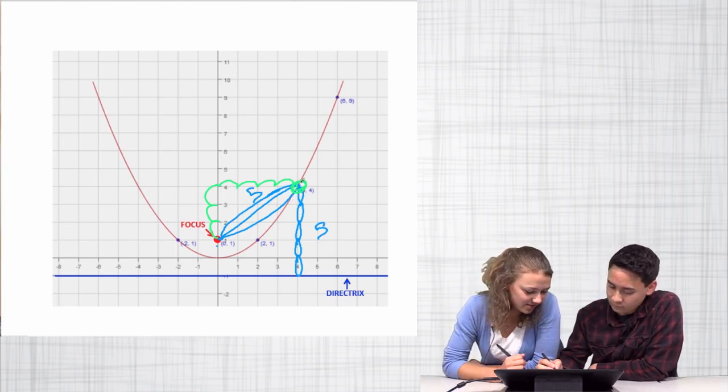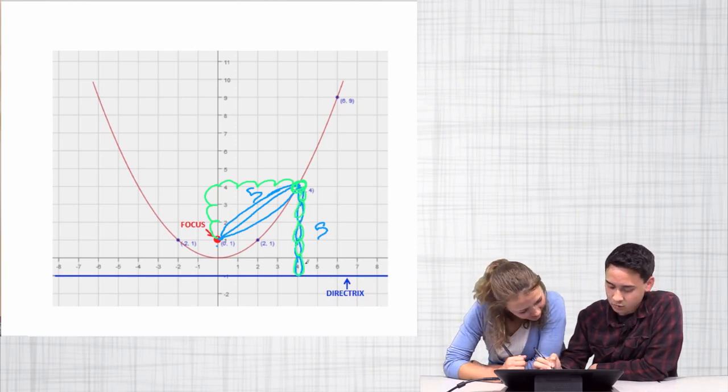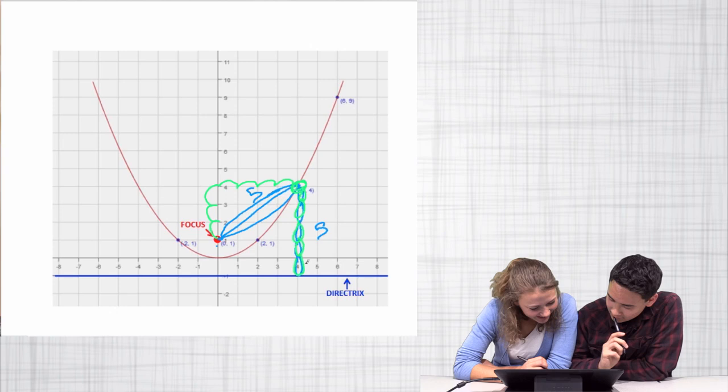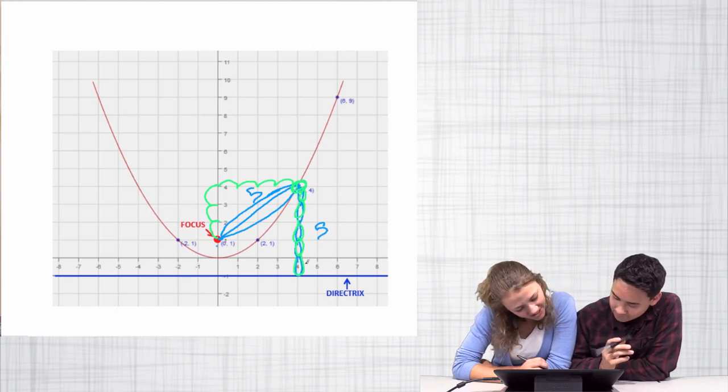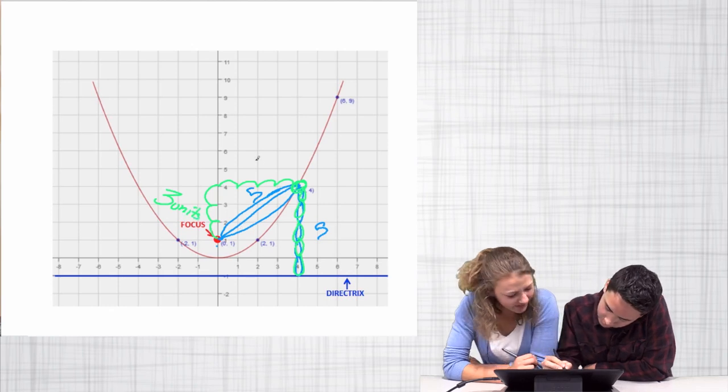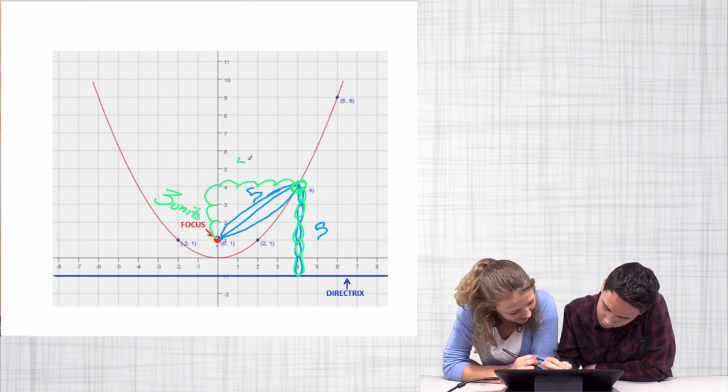Whereas this point is just 1, 2, 3, 4, 5 units away from the directrix. 3 units. That was 4, right? Yeah.